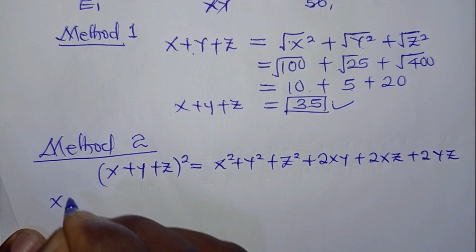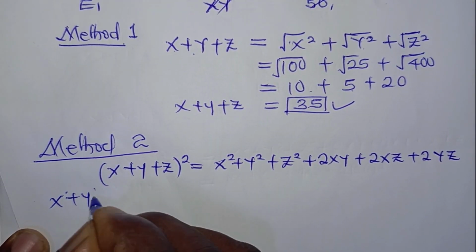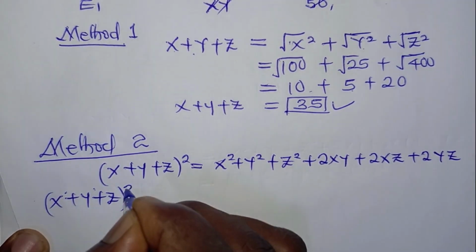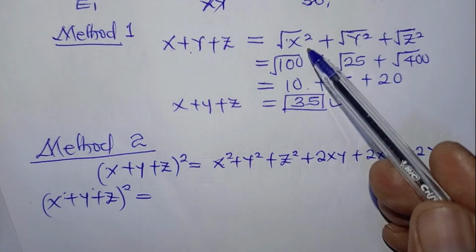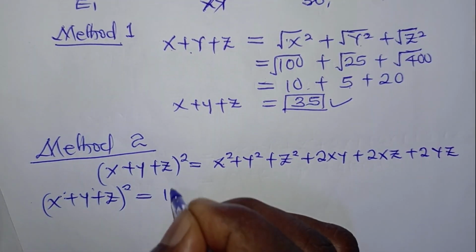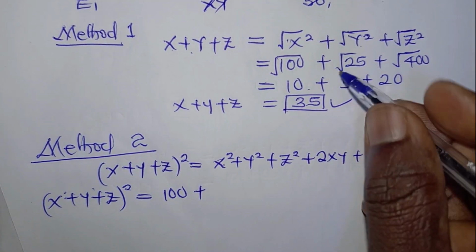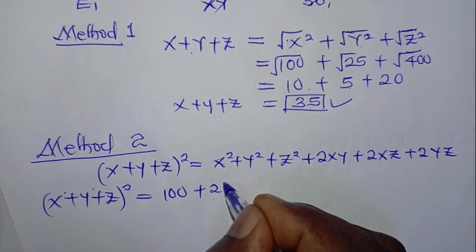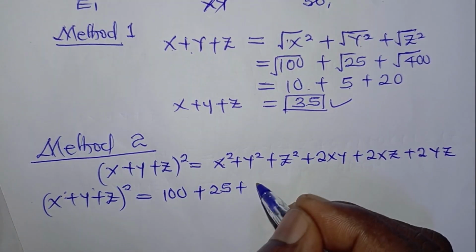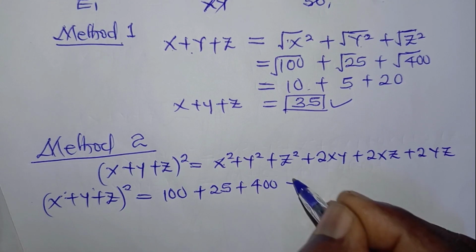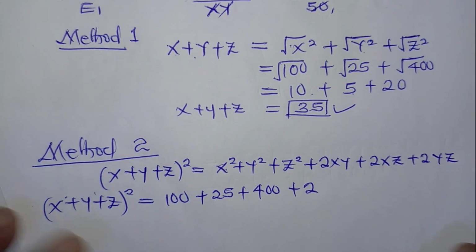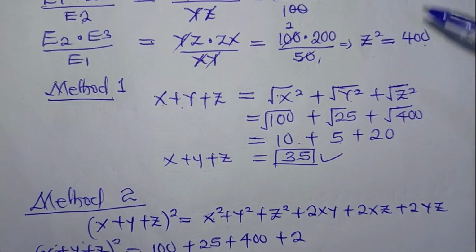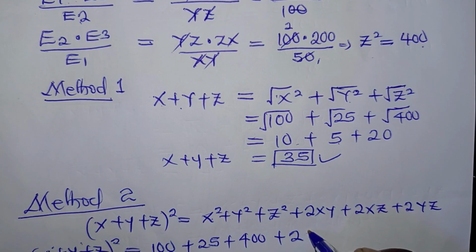So here we have x plus y plus z squared equals x squared, which was found as 100, y squared was found as 25, plus z squared, which was found as 400, plus 2xy. Remember, xy in the question was given as 50.